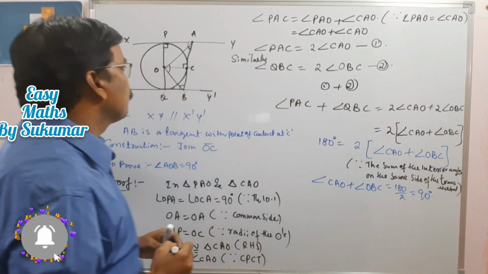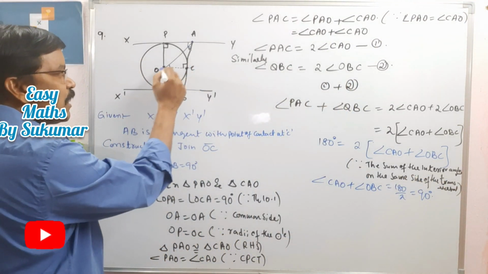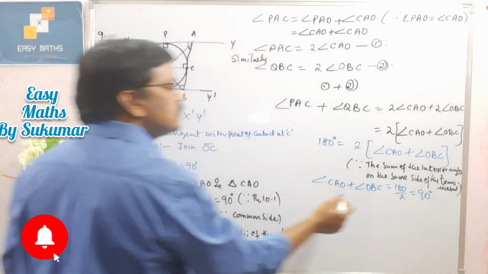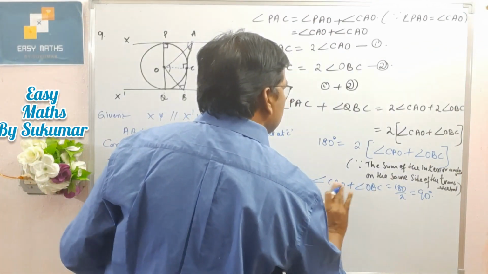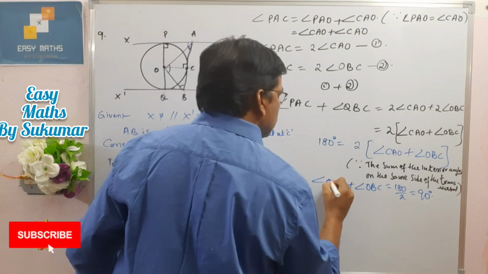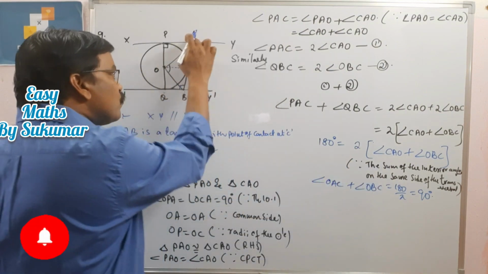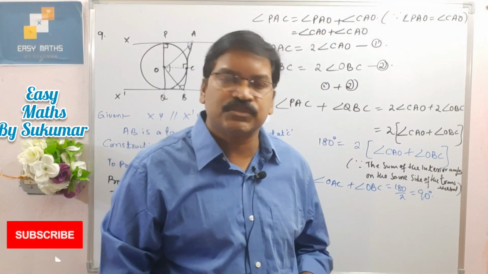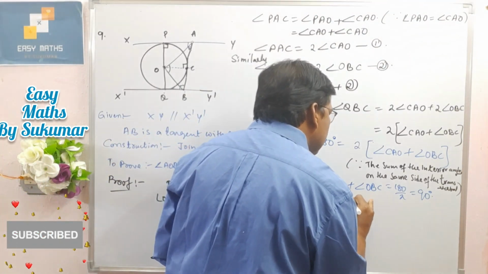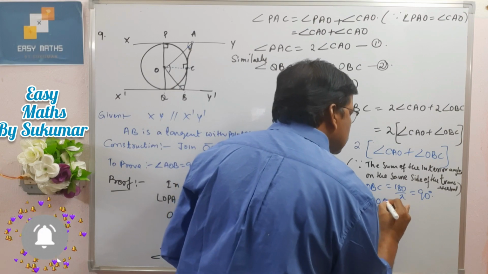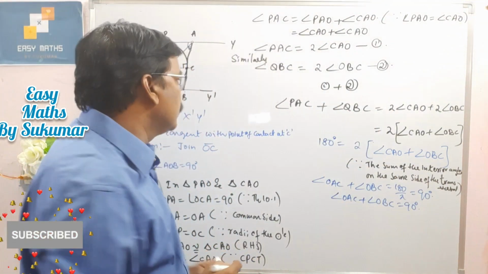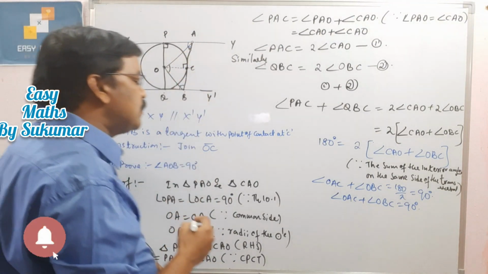That means, my dear students, in this triangle OAB, instead of CAO we can write angle OAC. Angle OAC plus angle OBC is equal to 90 degrees. Now take the triangle OAB here.